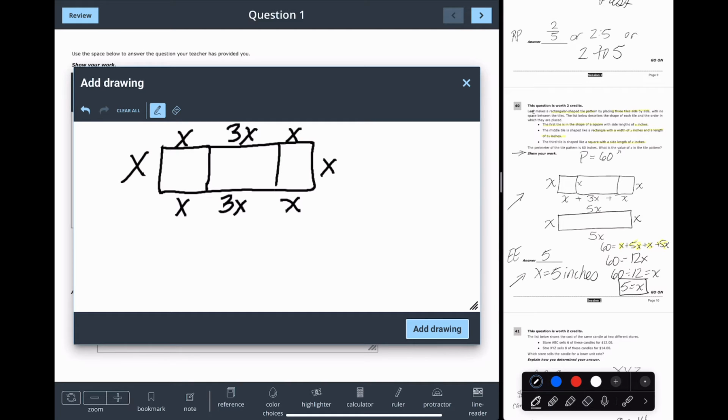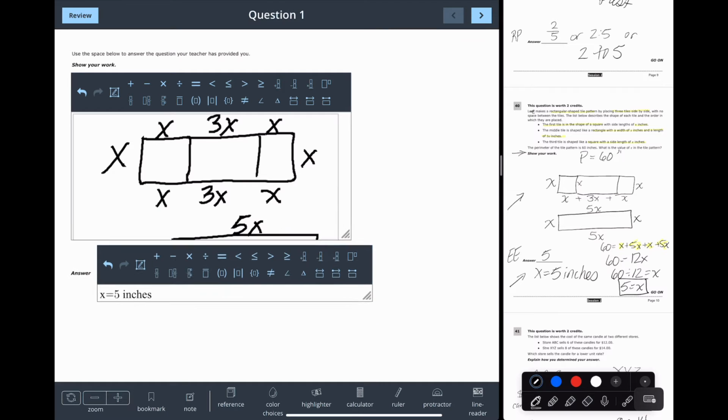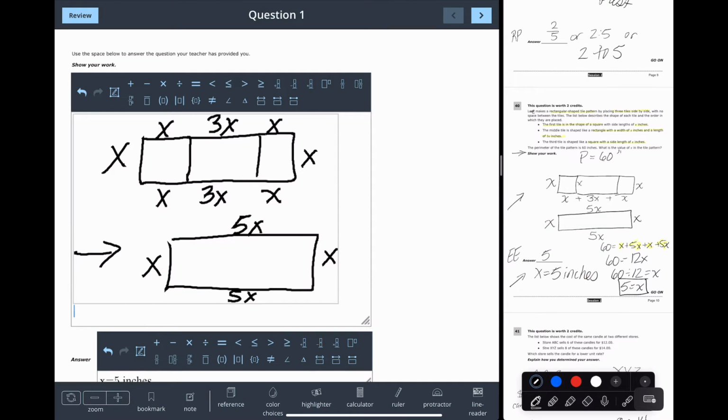And then I would redraw it in simplest terms, x, 5x, x, 5x, and I'm going to add that drawing. So that's the first thing that I could do. And notice how I can hit these little angles to make this bigger or smaller.